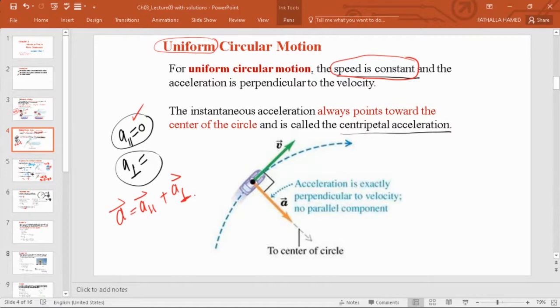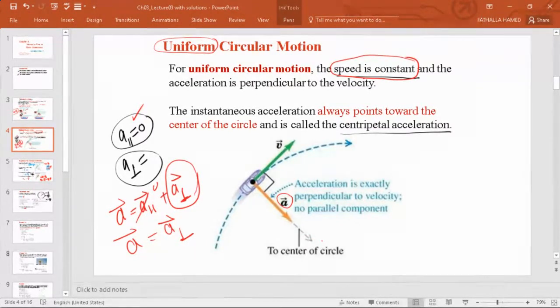So you're only left with the perpendicular component of your acceleration. So this will go to 0, and your acceleration here will equal the A perpendicular, and the A perpendicular is always pointing toward the center, and that's why your net acceleration here will be pointing toward the center of the circle.